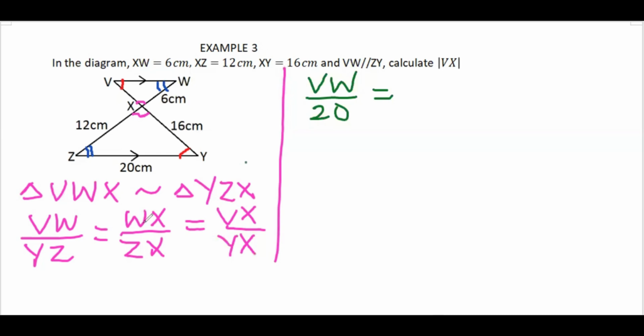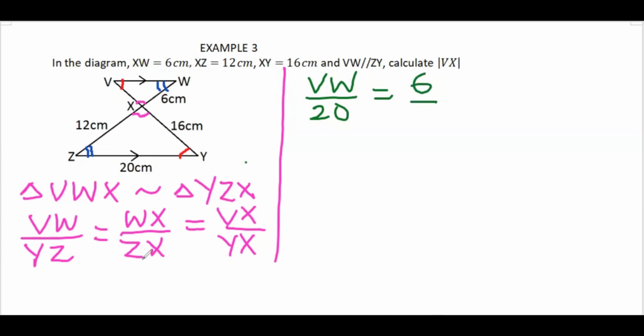What is VX? VX is not given, and that's what we have to find. Oh, sorry. The next is WX, not VX. What is WX? WX is 6 on the diagram.